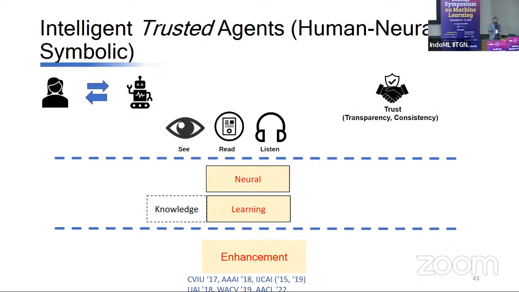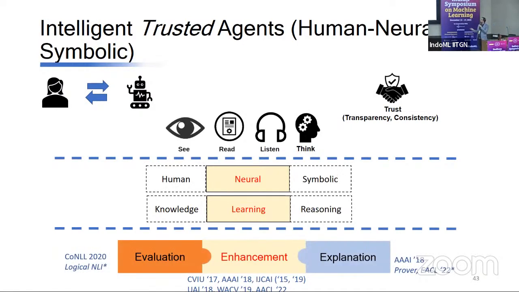To go towards knowledge and reasoning, our next step could be utilizing both human and symbolic along with deep learning. We have seen neurosymbolic and human-assisted AI. I will leave you with this last point: we can go towards human, neural, symbolic to create these trusted agents. Thank you for bearing with me. I'm already across time.